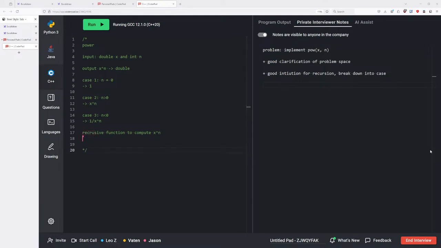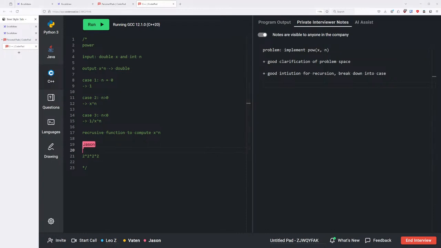Yeah. And then in terms of how we would do x to the power of n, let's just have an example, right? So let's say 2 to the power of 4. It's really just 2 times 2 times 2 times 2.